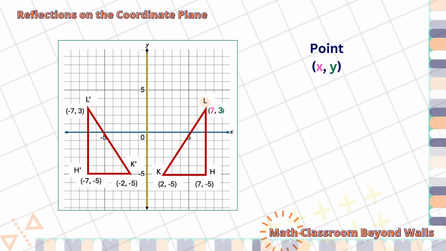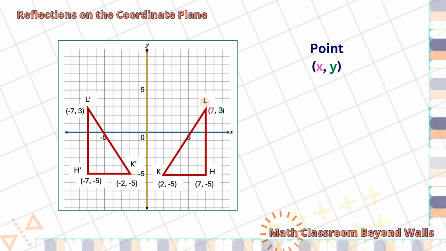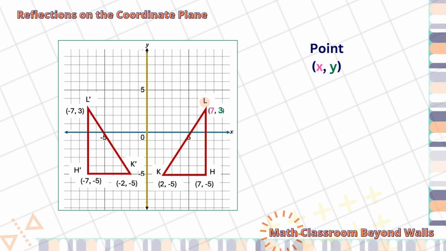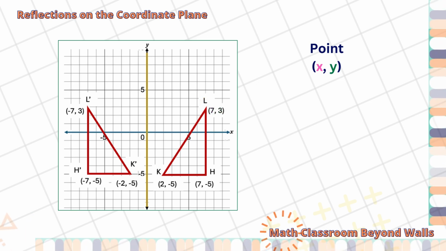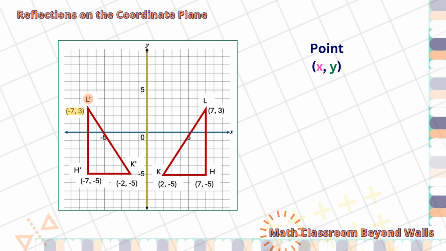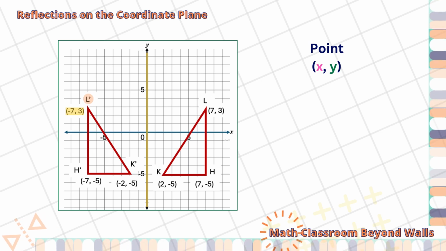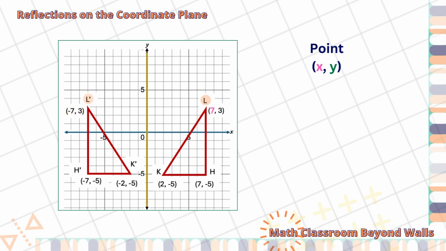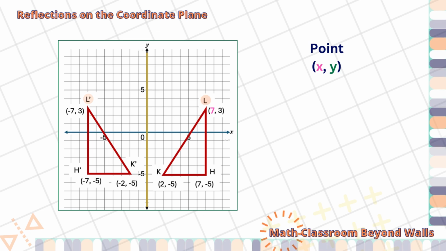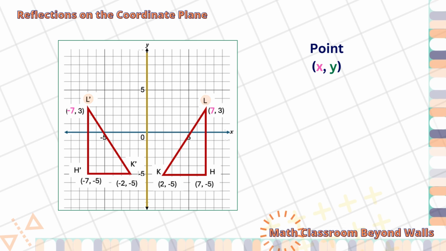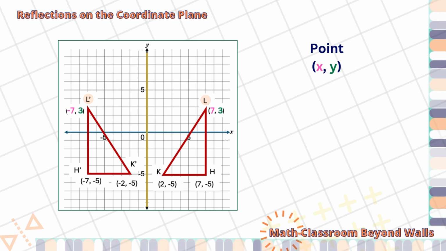Let us check what happens to the coordinates of the corresponding points after the reflection. After the reflection, point L prime has now the coordinates -7, 3. Comparing the two coordinates, we see that 7, the x-coordinate on the preimage, is changed to -7 on the image. The y-coordinate did not change. Do you see this, learners?